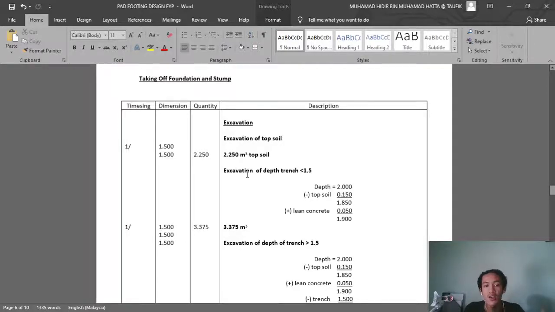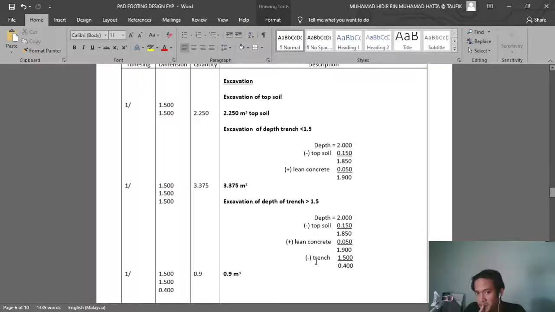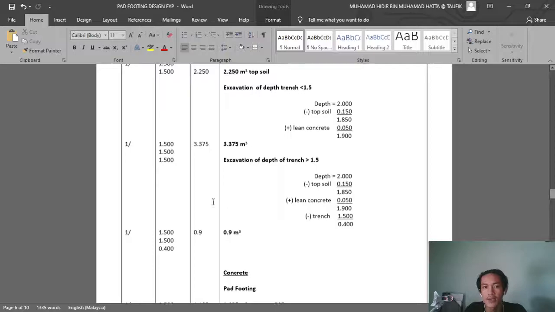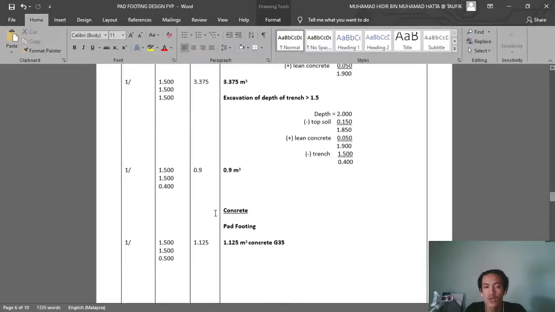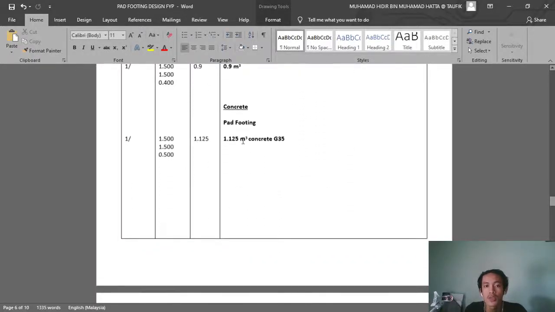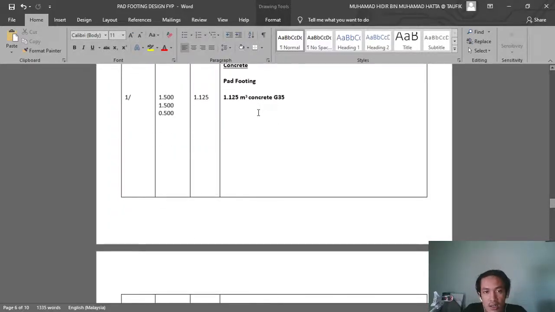If the hole we need to excavate is more than 1.5, we proceed to the third level, where the depth of trench is more than 1.5. Then we total up these values to calculate in the BQ. Then we analyze the concrete.